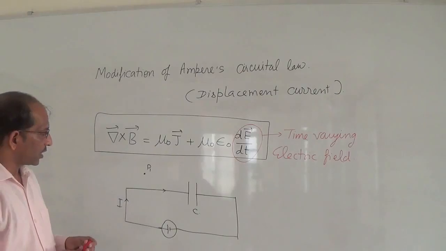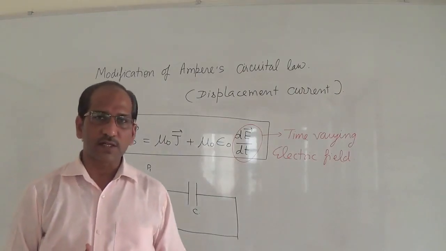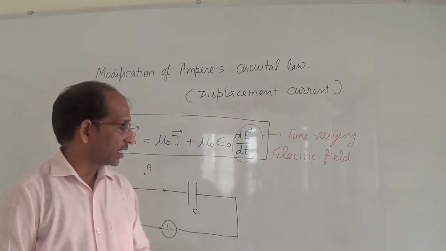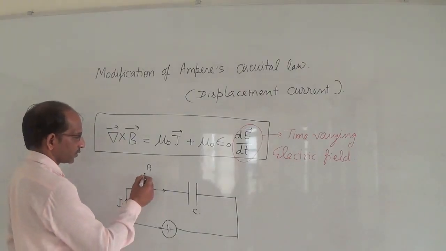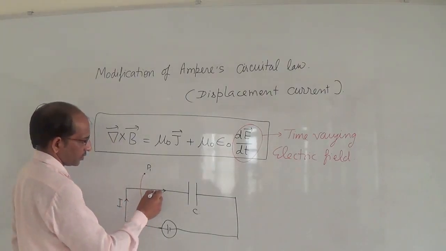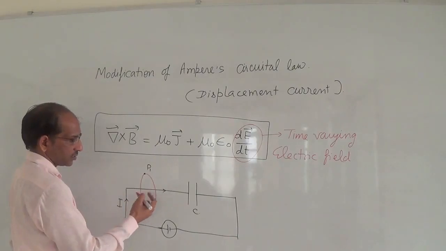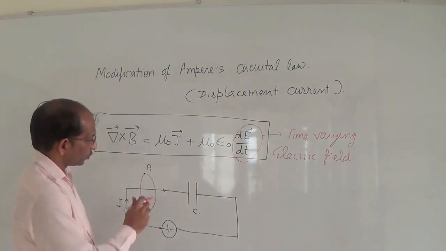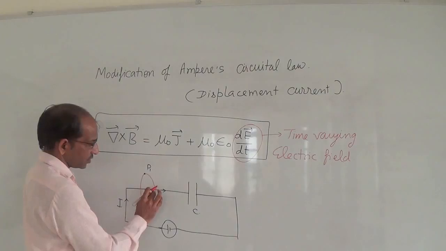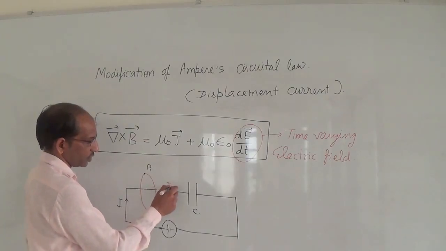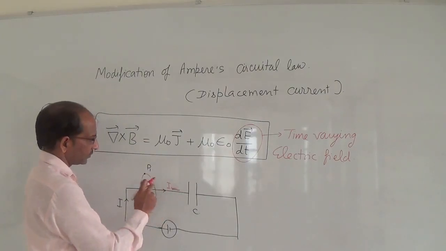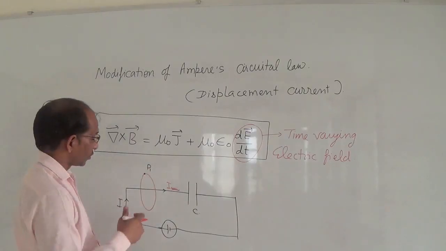So I have to use Ampere's law. Because of that I have to draw a closed loop in which the current is enclosed. So here the current is enclosed through this closed path or closed loop.